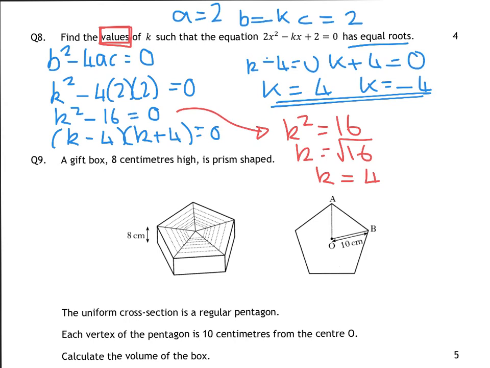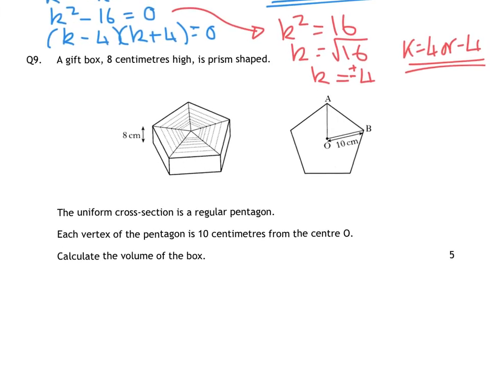If you're doing this way where you move the 16 over, you have to remember that when you square root 16, it could have been 4 times 4, or it could have been minus 4 times minus 4. So what we do is we write a wee plus or minus there. So it means that k could be plus or minus 4. You could also just write that as k equals 4 or minus 4 as well. So just watch which method you use for that one.